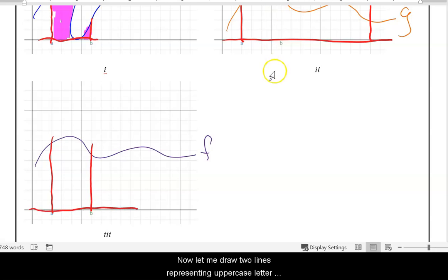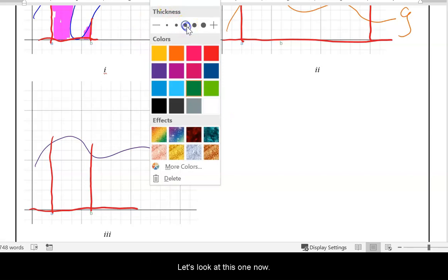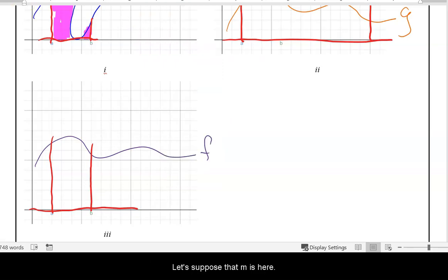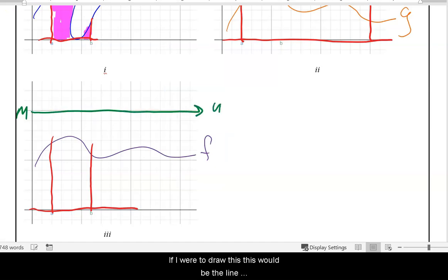Now let me draw two lines representing uppercase letter M and lowercase letter m. For uppercase letter M, I'll use a green line. Let's suppose that M is here. If I were to draw this, this would be the line representing y equals M.